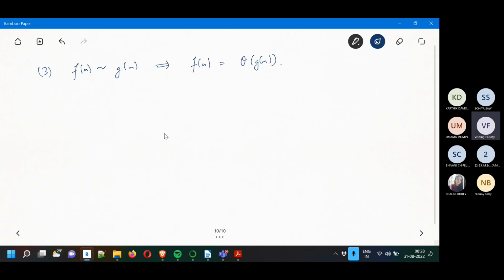This should now be clear to you because of the limits and stuff that we have been seeing so far. It should be more or less clear how to get this, but let's write it down. So if f n is tilde g n, by definition, we are just saying the limit is 1.